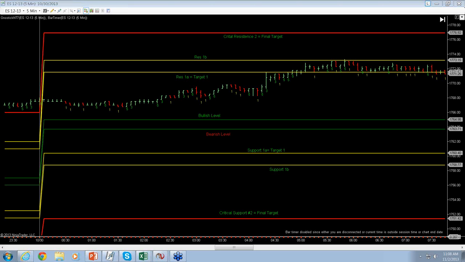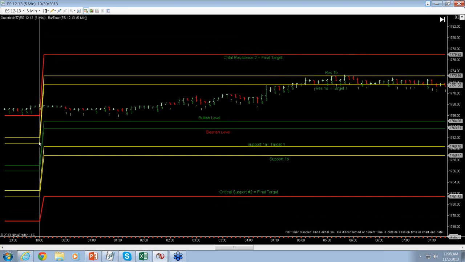Now what I want to show you, now that we understand that these levels only change at midnight and do not change during the course of the day, they are fixed. And that's how I can say they're predictive. Ask yourself how in the world price action stopped right in between resistance 1A and 1B. If you can figure out the algorithms, I'd like to know, because they jumped way up at midnight that day.